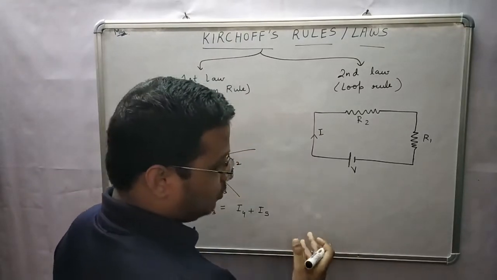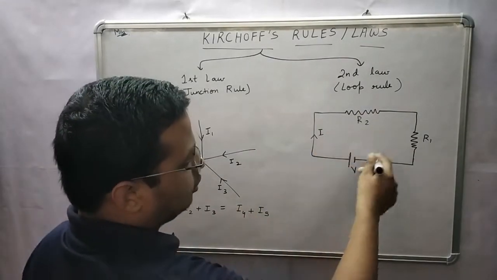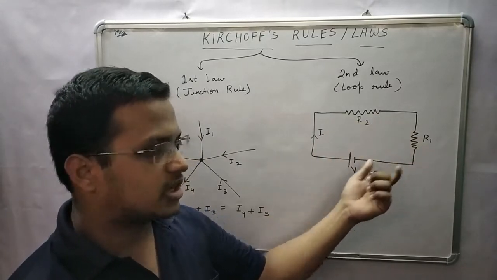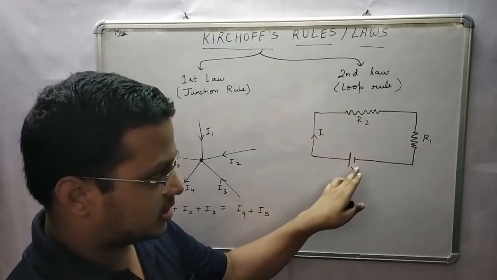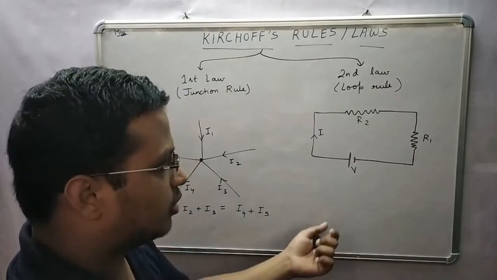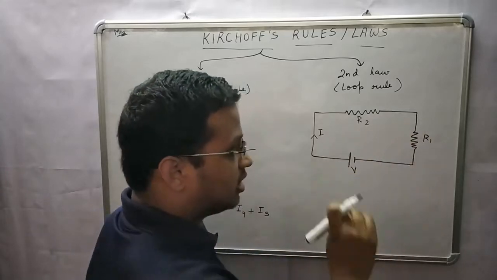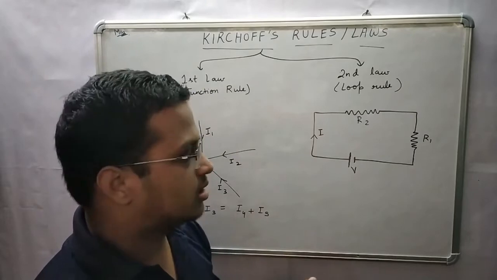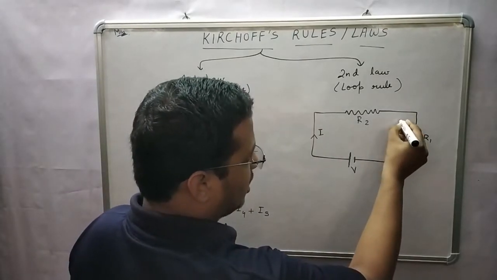What I do generally is, in the second law, you have to note the potential drop for all the circuit elements. For example, in this loop, there are three circuit elements, that is two resistors and one battery or a cell or a potential difference source. So you have to note the potential difference across the ends of all these elements. Now I follow a process in which you start from any one point.